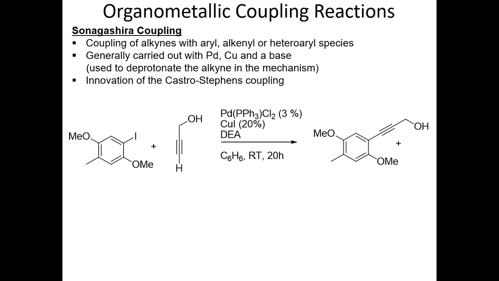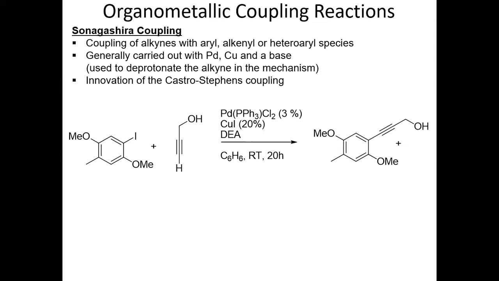So one other coupling method is the Sonogashira coupling, and this is important because it allows you to couple alkynes, right? Everything else we looked at has been vinyl or aromatic systems, and here you could actually couple an alkyne and keep the alkyne intact, right?